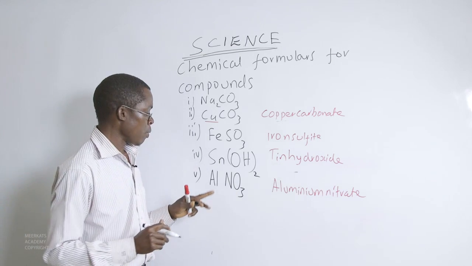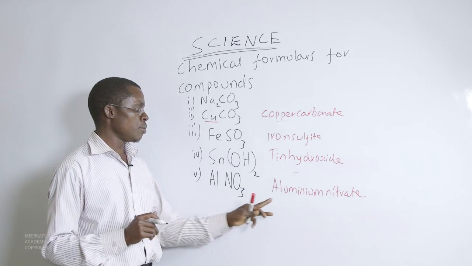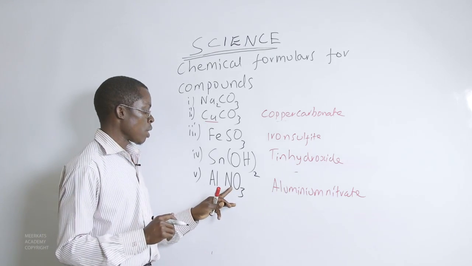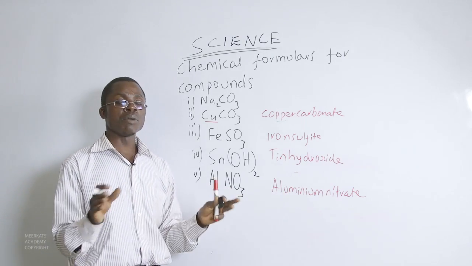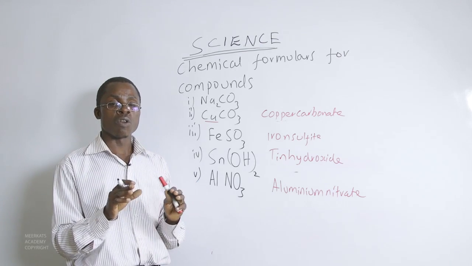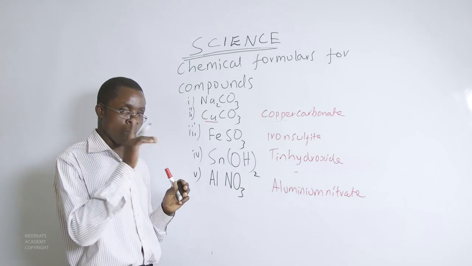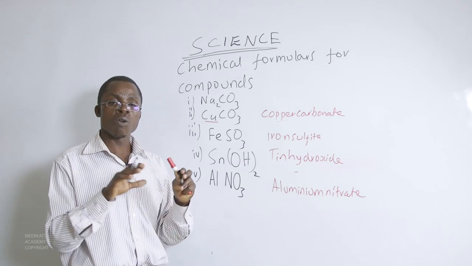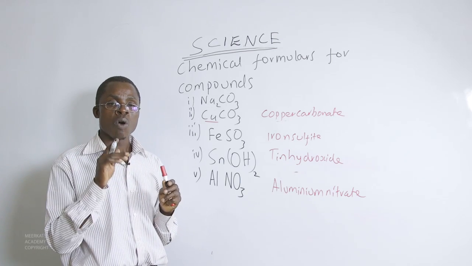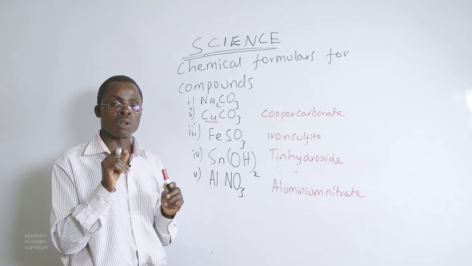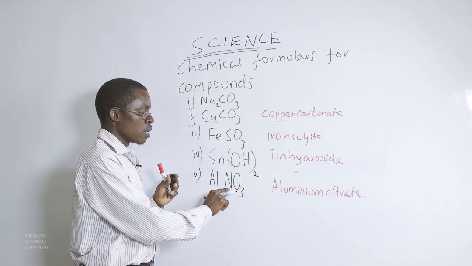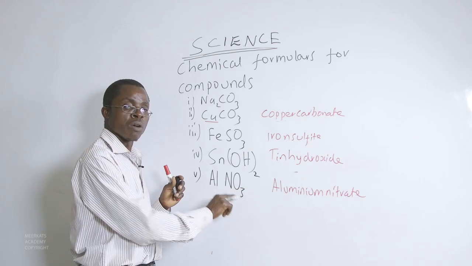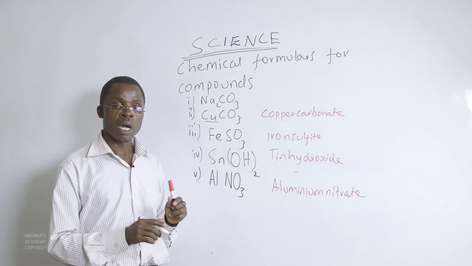There we are. We have the metallic element, aluminium. We have the radical part, nitrate, because they can never be confused with any other. In the whole world of science, only one thing is called a nitrate, and that is this one. A group of 1 nitrogen and 3 oxygens are the ones we call a nitrate.